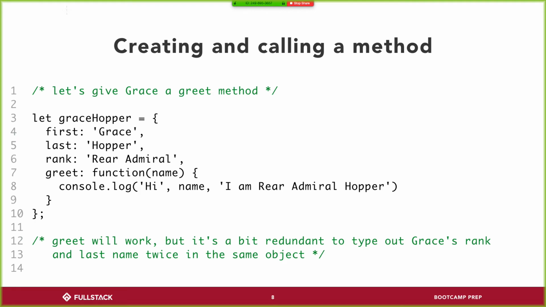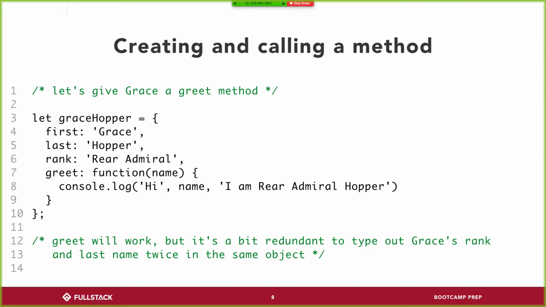Yeah, that's true, because in this case we can make this more customizable and more extendable to different use cases if we use variables. When we hard code something like I am Rear Admiral Hopper, we're kind of coding ourselves into a box where we have to create more methods for different use cases.